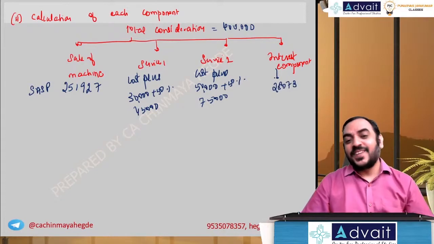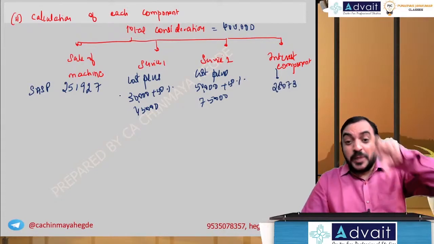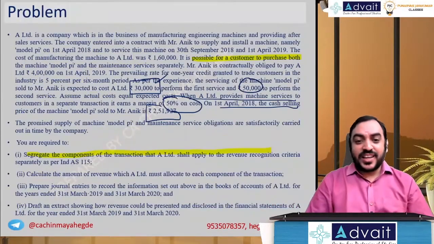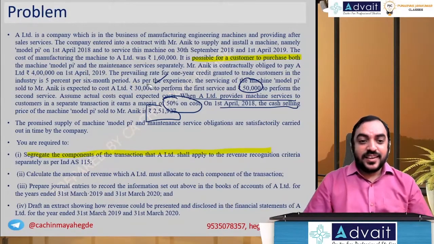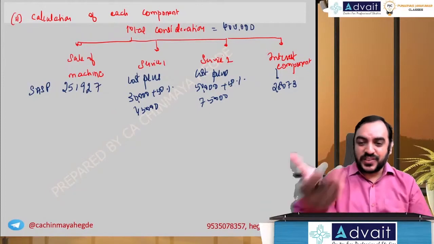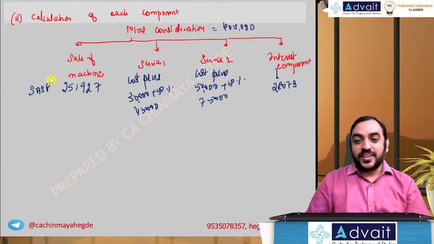But how do you calculate this 28,073? We calculate the implied interest rate. But in the question, I need not calculate the implied interest rate; the effective interest rate has been given. It is 5% for 6 months. If I calculate 5%, eventually it will come to 28,073.